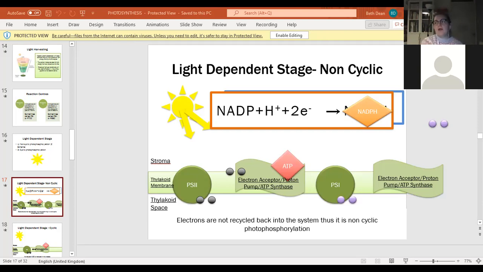Remember, the stroma is that amorphous liquid gel, and it's full of enzymes. The light-independent reaction is sometimes called the dark reactions because we don't need light, or you'll regularly see it referred to as the Calvin cycle. And it's great because we can literally draw it as a cycle. It is cyclical, in a circle that we can learn.